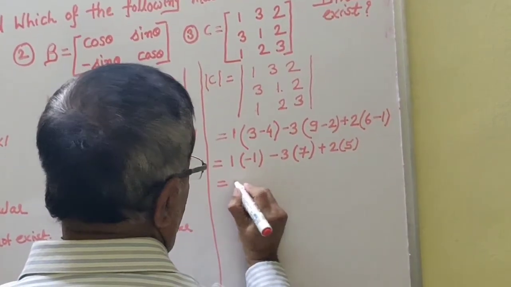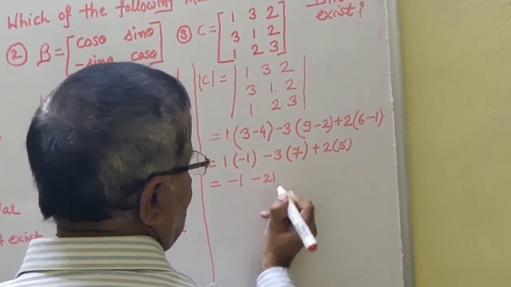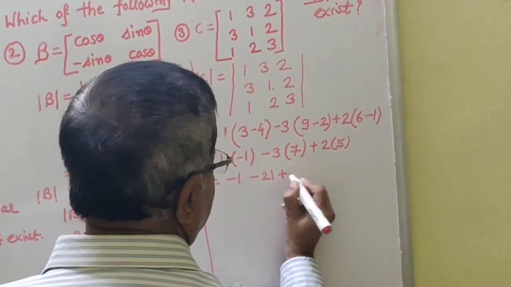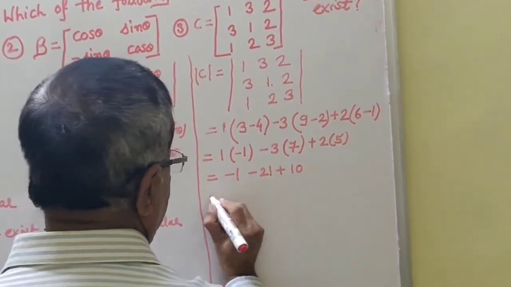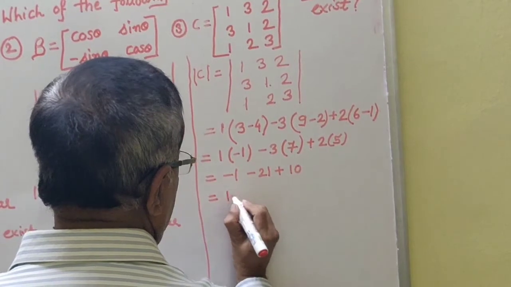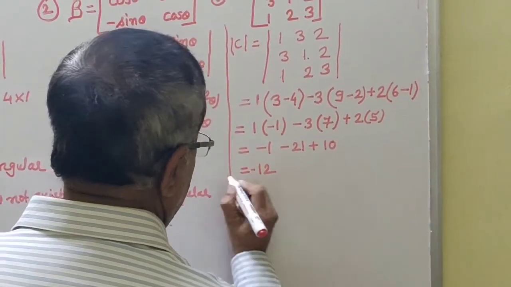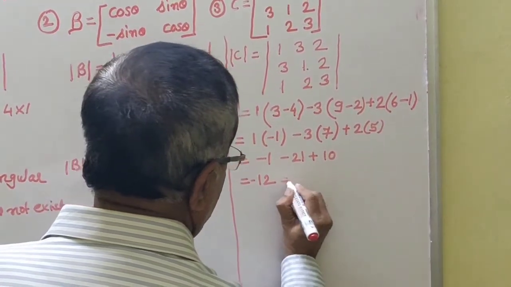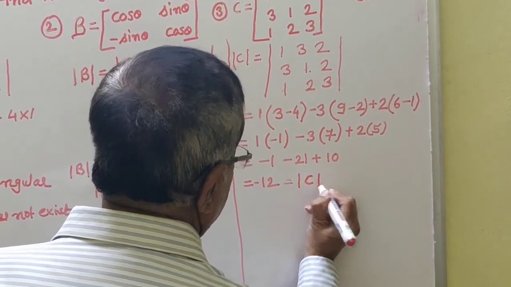What is the value? This is minus 1, minus 21, plus 10. What will come here? Minus 12 will come here. Determinant of C is equal to minus 12, which is not equal to 0.